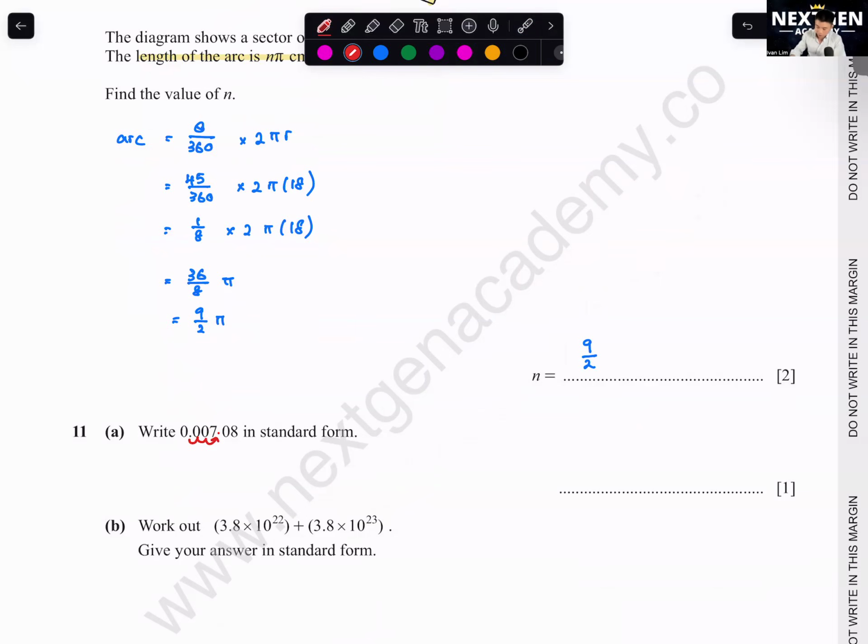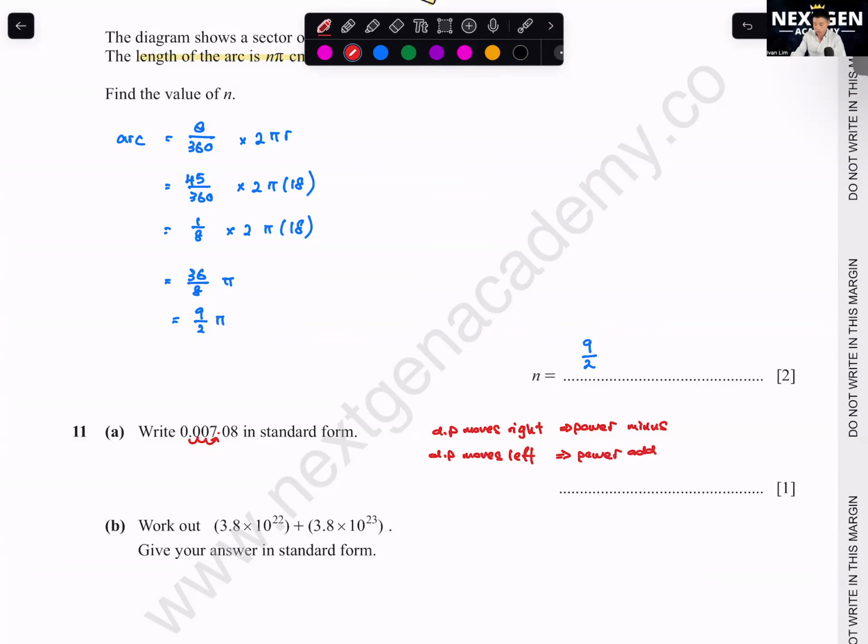How I remember it? When the decimal point moves to the right, your power will minus, because it's times 10 to the power of something. If your decimal point moves to the left, your power will add.